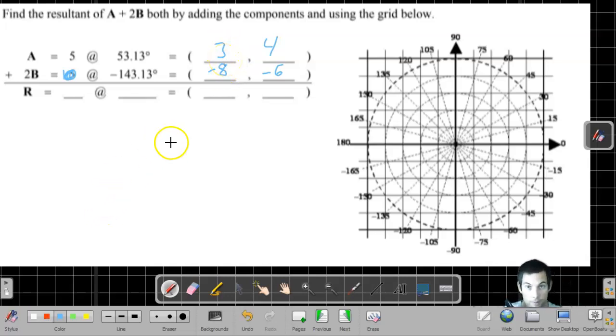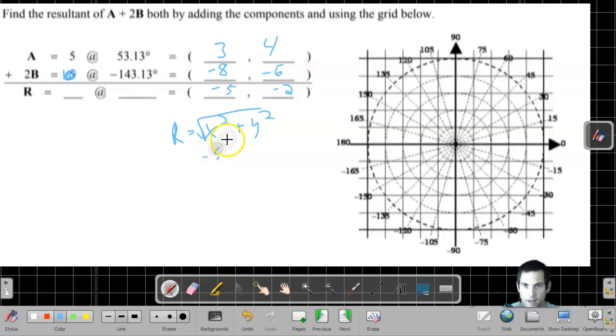And they are perpendicular to each other, so we have to use the Pythagorean Theorem to get whatever the resultant is. The x component squared plus the y component squared, and the square root of all of that will give us our resultant vector. So the x's, we're going to add up the x's. -8 plus 3 is going to be -5. -6 plus 4 is going to give us -2.